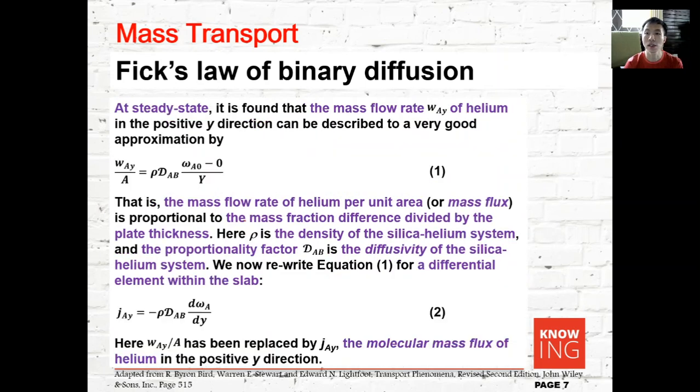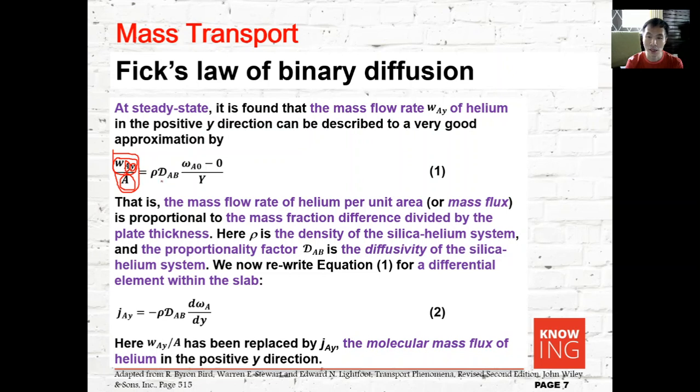What we can see here is the mass flux, or the mass flow rate of helium per unit area, where A defines the component that diffuses and y is the direction of the diffusion. Since you divide the mass flow rate of helium by the area, the quantity on the left-hand side is called the mass flux.